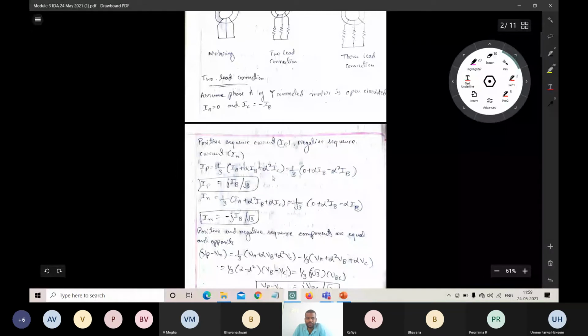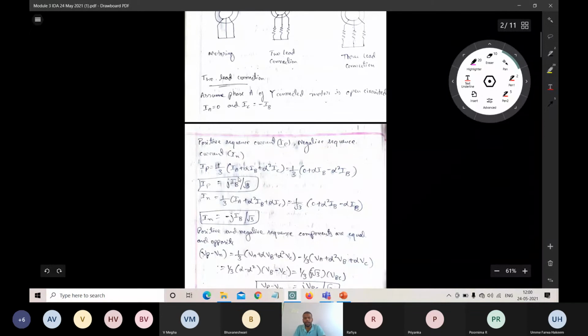With the help of the fundamental components, we draw the positive phase sequence current. IP is equal to 1 by 3 times (IA plus alpha IB plus alpha square IC). As we know, alpha is equal to cos 120 degrees plus j sin 120 degrees, e to the j120 degrees. It is a constant fundamental component.